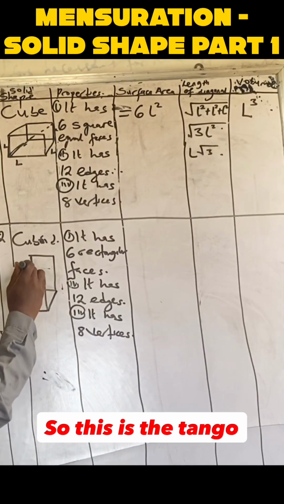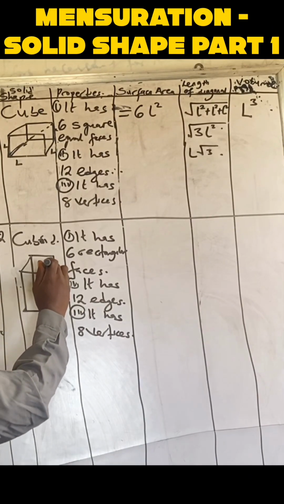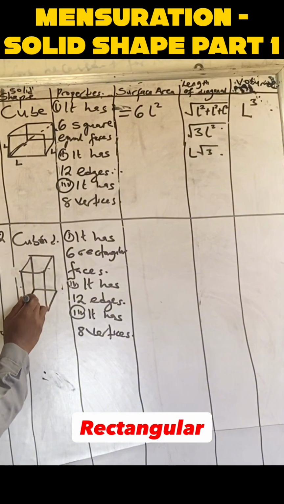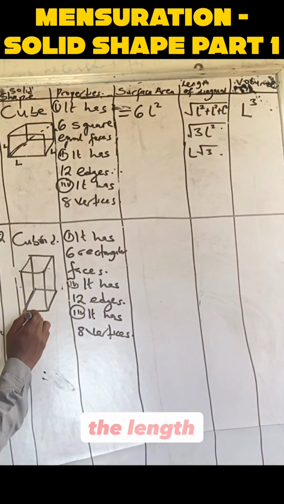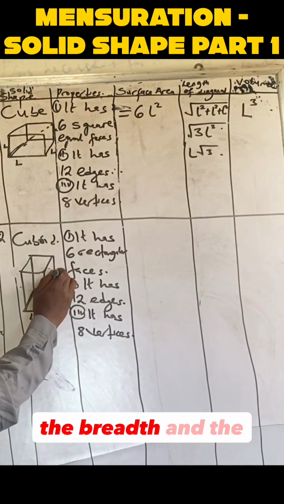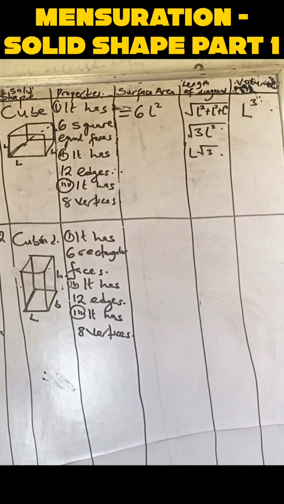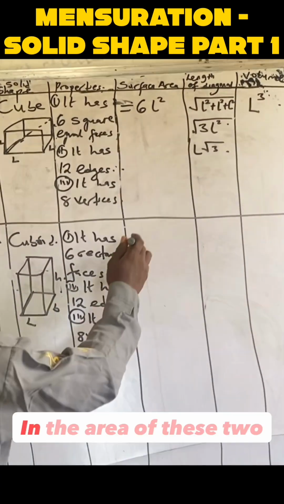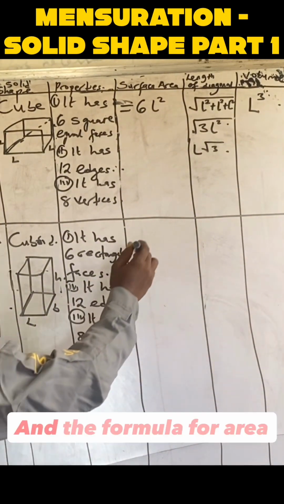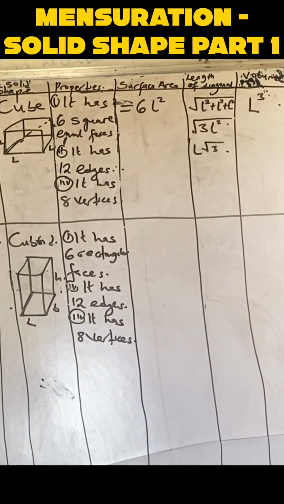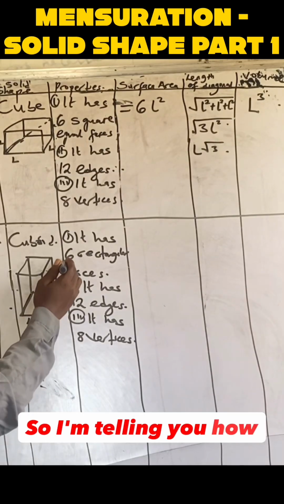So this is a rectangle. We can see the length, the breadth, and the height. And for the area of this cuboid, as you can see, it has 6 faces, and the formula for area is length times breadth for a rectangle.